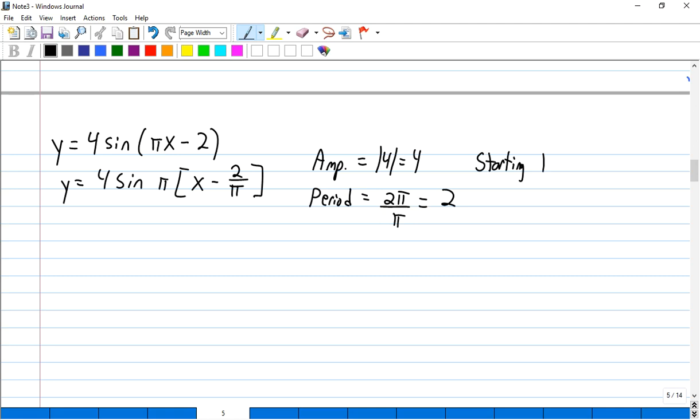It means the same thing for us. So it's going to be positive, because there's a minus in front, positive 2 over pi. And now the ending point, that's going to look kind of strange. But that's okay. So it's the starting point plus the period. So 2 over pi plus 2.